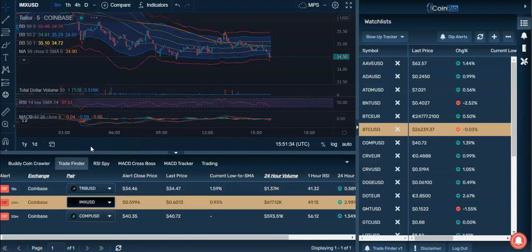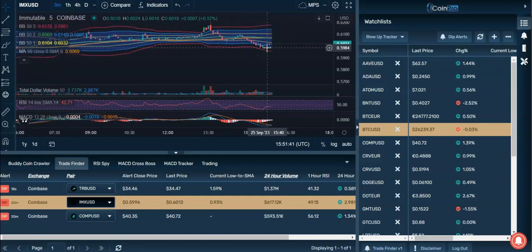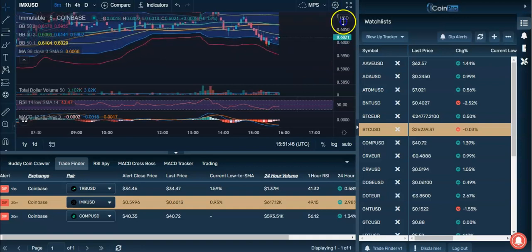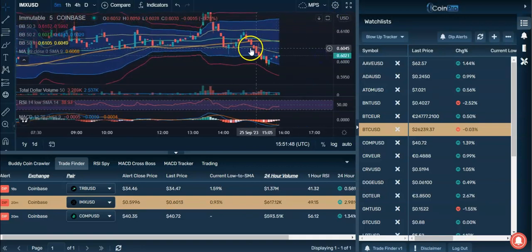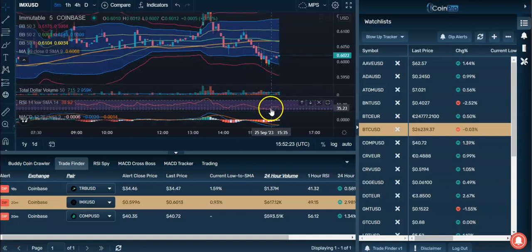Let's check out IMX. Okay, so we see it went out, back in, out. Okay, so we went outside, back in, outside, back in. Now the RSI did hit so low right here, it might be a potential buy that you would want.